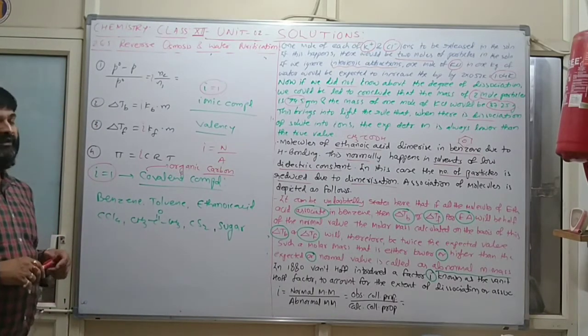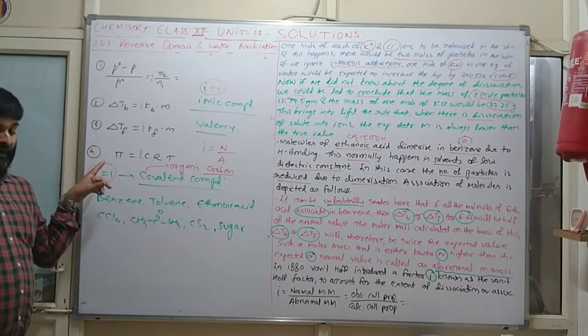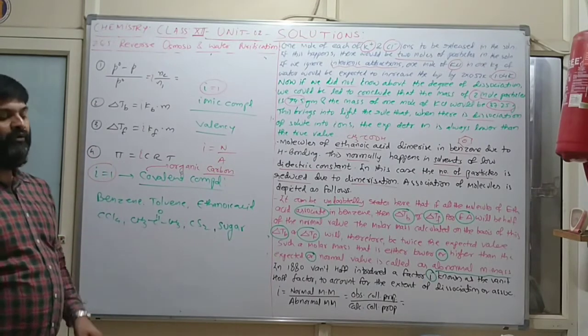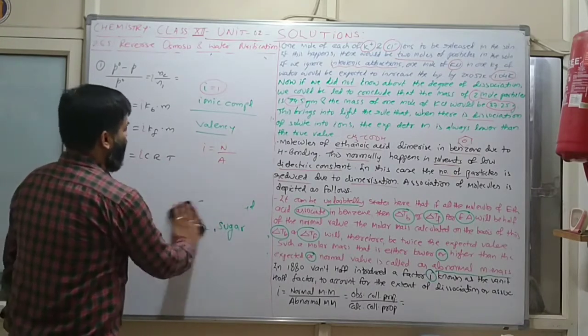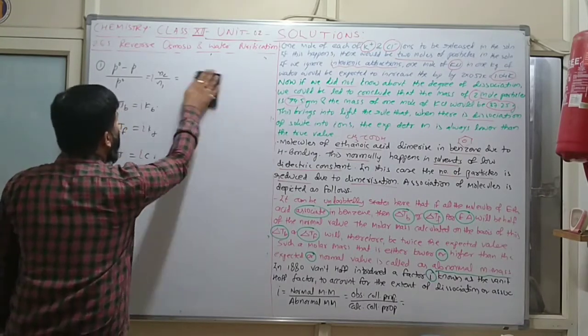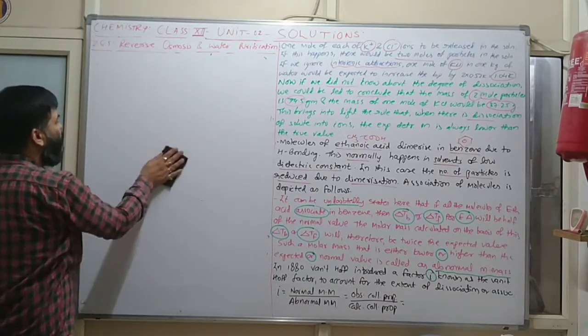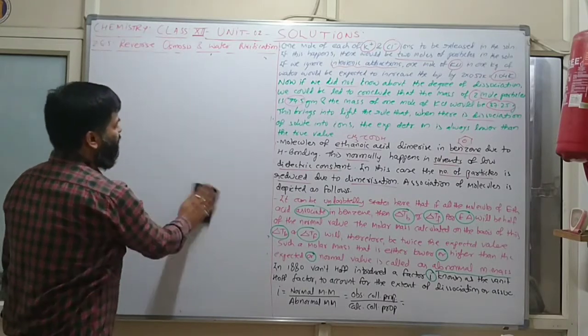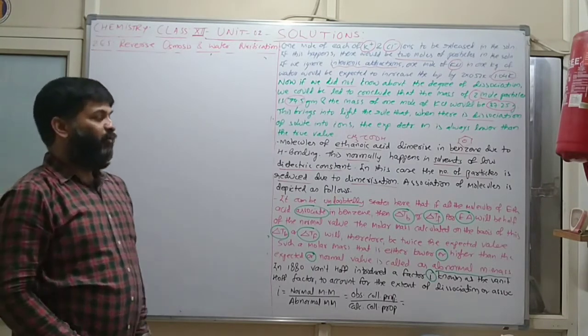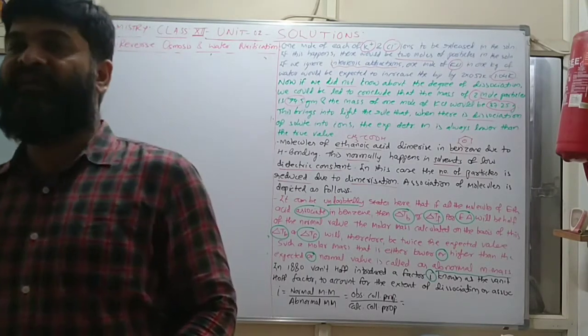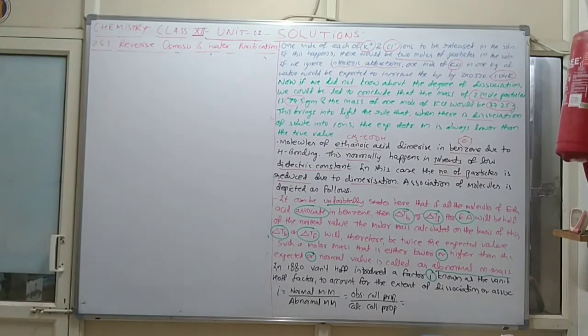So when an ionic compound comes, how can we find out? On the basis of the position of the cation in the modern periodic table, this will tell you whether the i value will be more than 1 or less than 1. Clear?